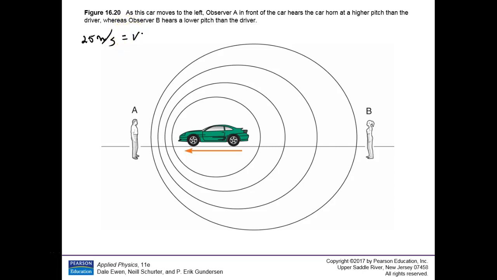It's V sub S, the velocity of the source. Very good. The actual horn frequency, so that's going to be what? F. The actual horn frequency is 400 hertz.